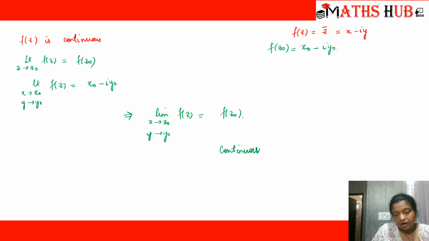Okay. Now let us check for differentiability. Now for differentiability, what will happen? Let's check again f of z equal to z bar, whether it is differentiable or not.